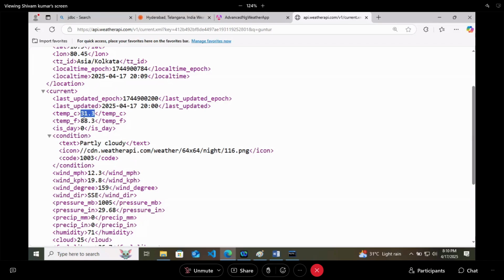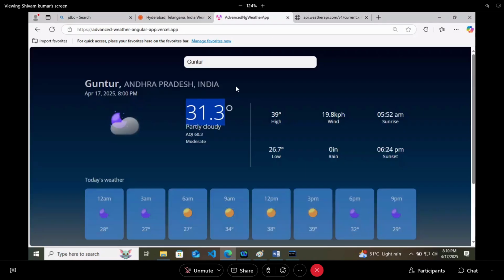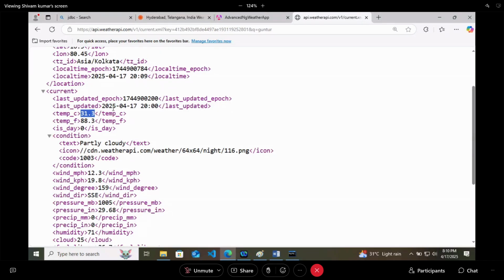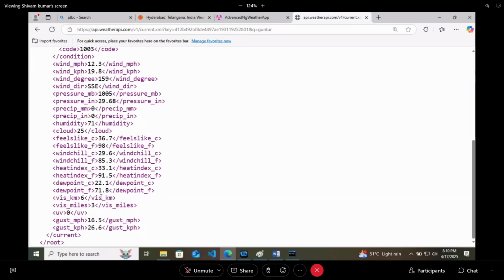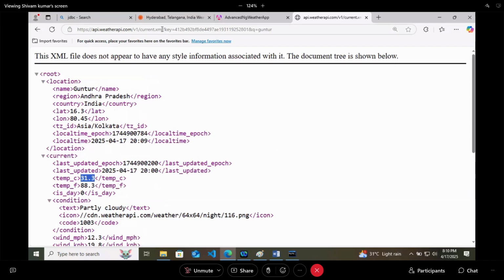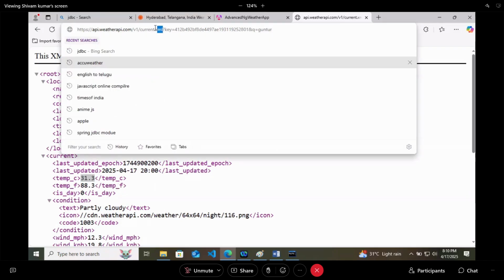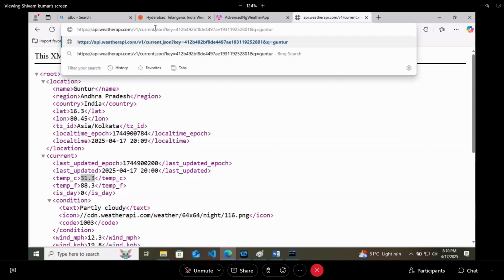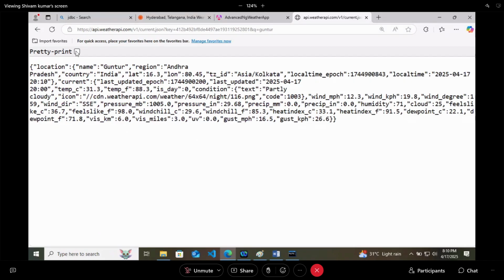But if you are fetching the data in XML format, it will be very tough to show this 31.3 on a website. In JSON, as our website will be written in JavaScript, React, Angular, Vanilla JS, anything, it will be in JS, 110% sure. So it is very easy to work with JSON data in comparison to XML data. So this is XML data and this one is JSON data.